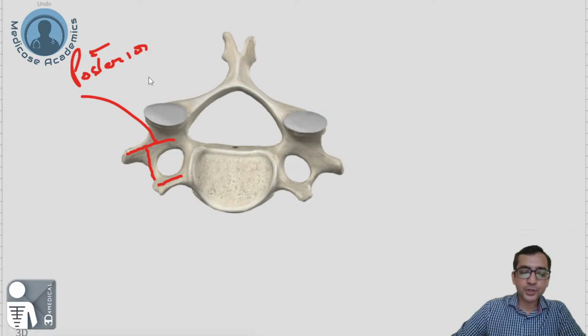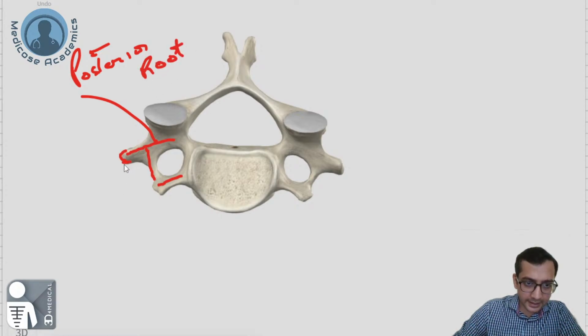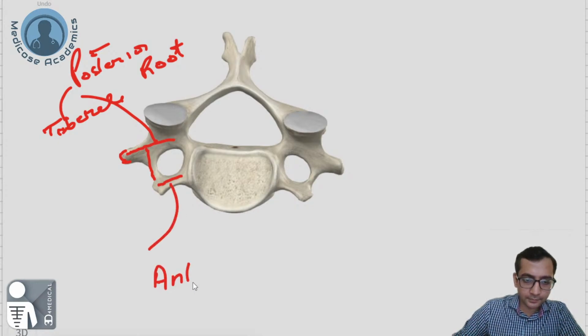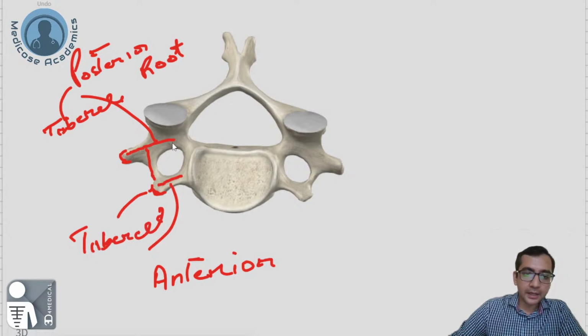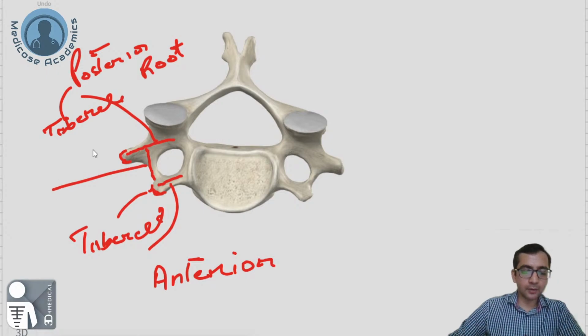Posterior root is also used for it. This part is called the posterior tubercle. This is the anterior root, and you may have guessed it by now, this raised portion is the anterior tubercle.